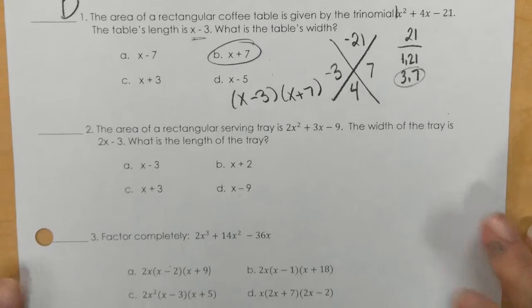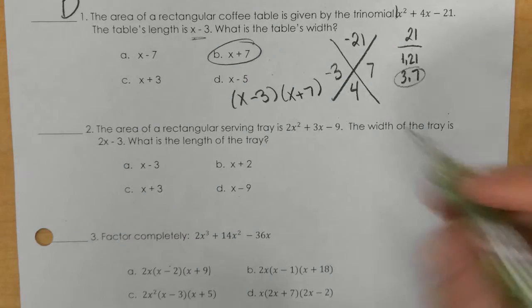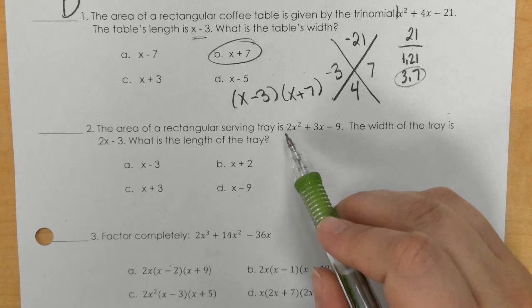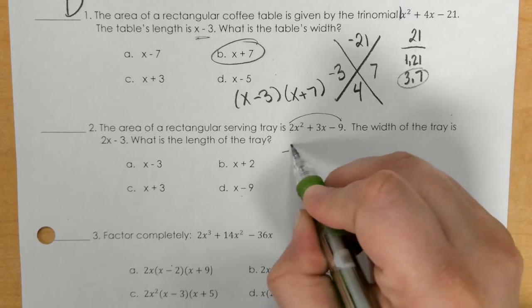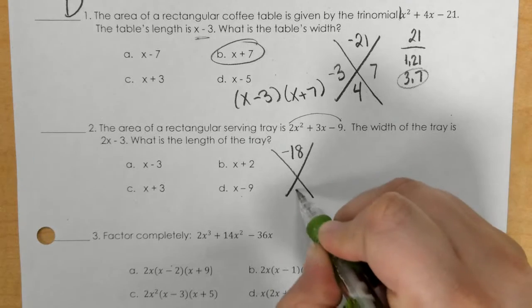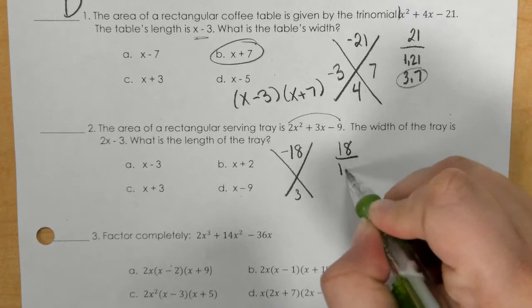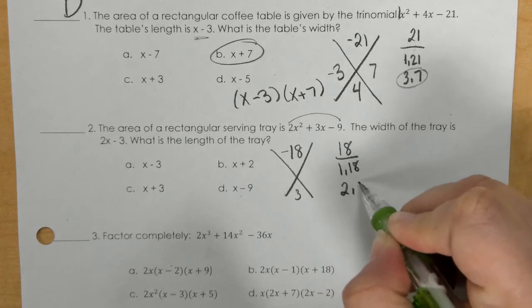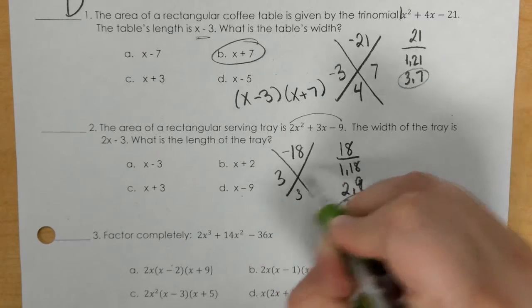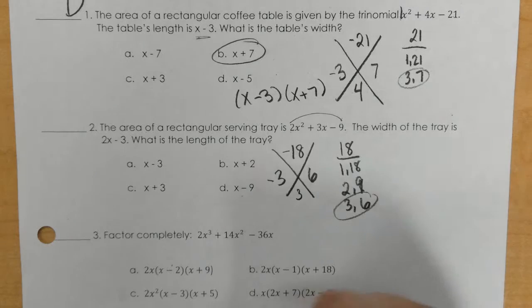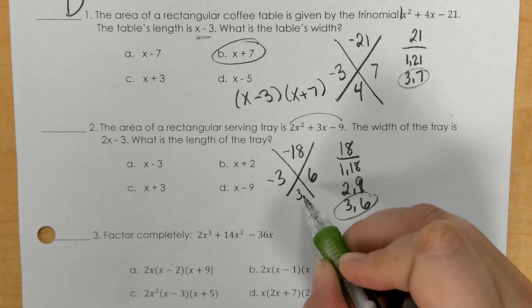In number 2, the area of rectangle serving tray is this expression right here. This is bottoms up because there's a number in front of x squared. So 2 times negative 9 is negative 18, and we are trying to get to 3. Okay, the only one that can get to 3 is 3 and 6 by subtracting the 3. So 6 minus 3 is positive 3.